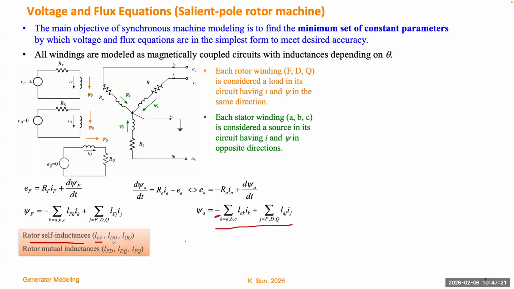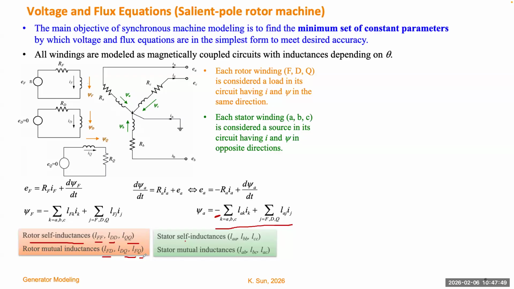There will be 3 items, which are LFF, LDD, LQQ. That means the self inductance of each rotor winding itself. And the next one is rotor mutual inductances. So it will be LFD, LDQ, and LFQ. Those are the coupling between 2 rotor windings.